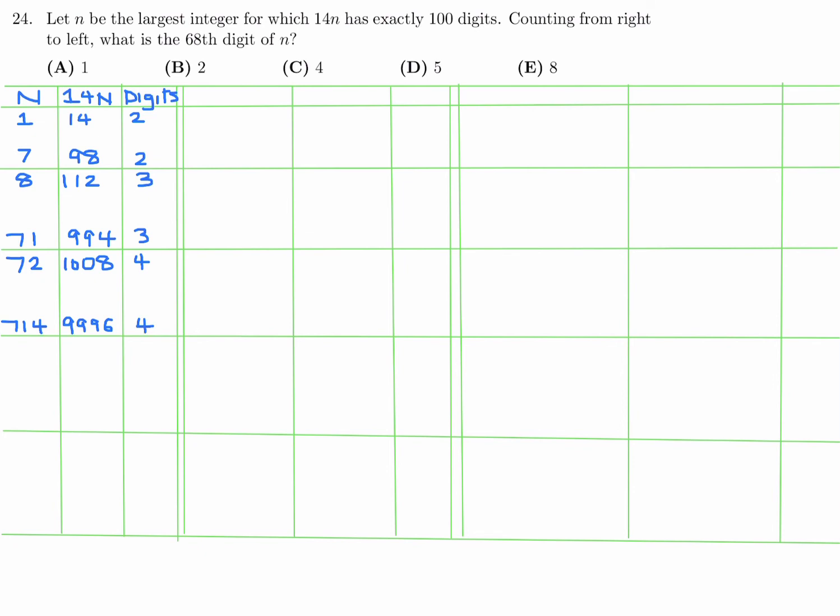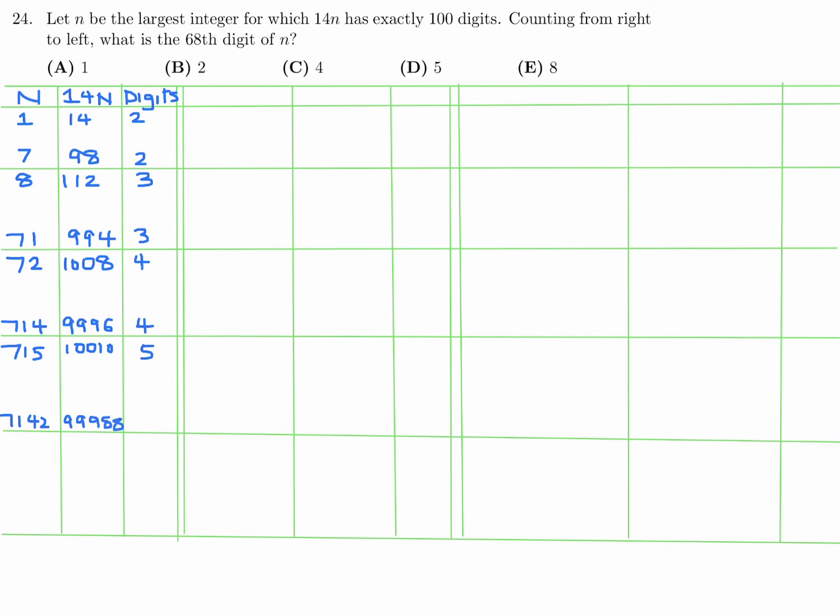Now we get into the next category, which is 5-digit numbers. It starts off with 715, and if you do, you get approximately 10010. And then same thing, take a calculator, take 100,000 divided by 14, and you get about 7142. And that's going to give you 99988.